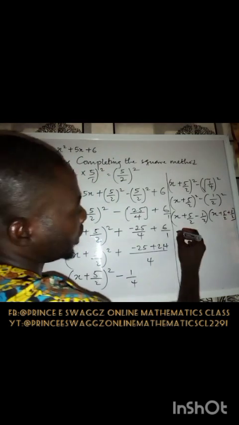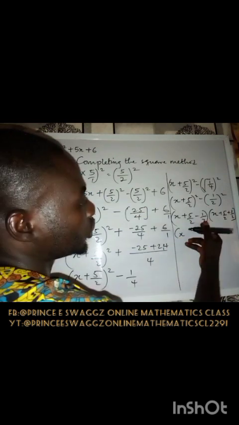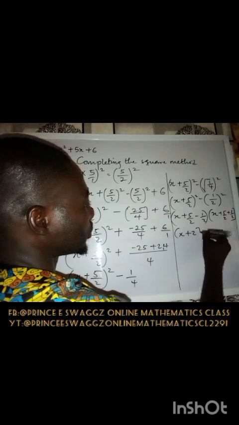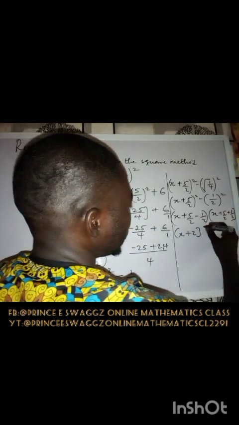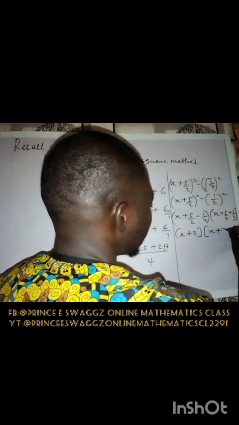So I have x plus 5 over 2 minus 1 over 2 will give us 4 over 2, 4 divided by 2, and that is 2. Then we have x plus 5 over 2 plus 1 over 2, that's 6 over 2, 6 divided by 2, and that gives us plus 3.